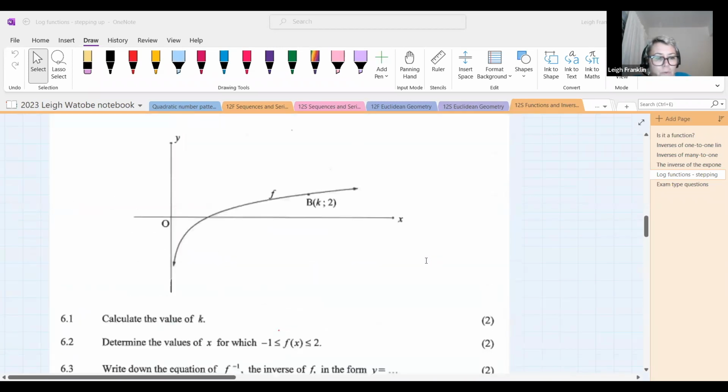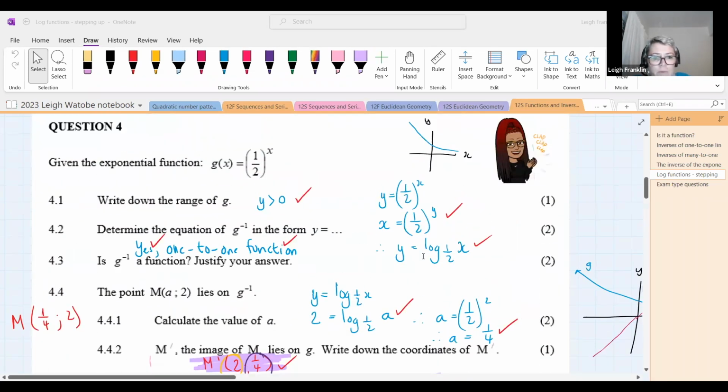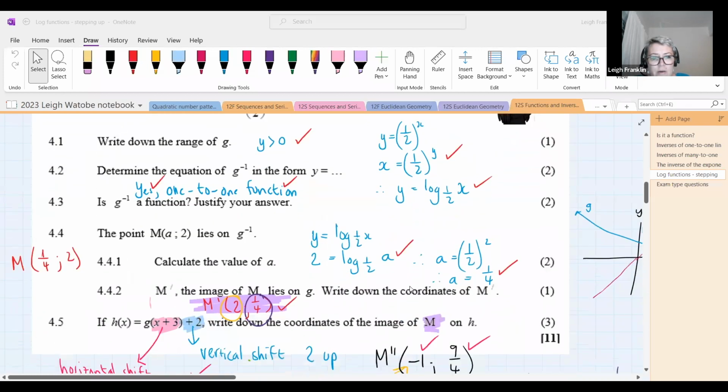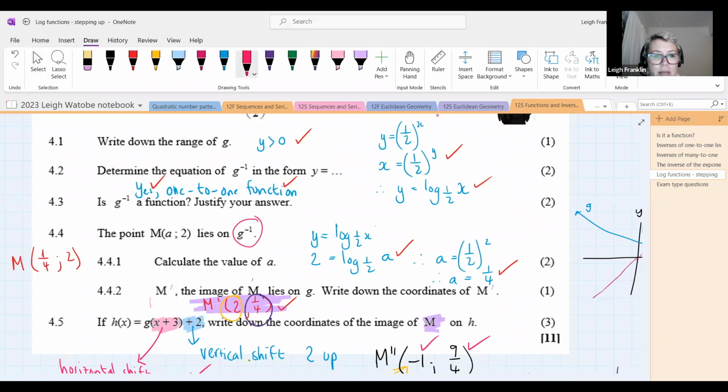Okay, so 441, that was this answer over here. Is this the one that you want me to re-explain, Mbali, 441? All right, let's just go back and have a look at this. So the equation of our inverse of g is this over here.